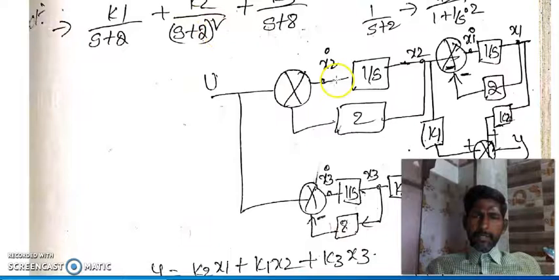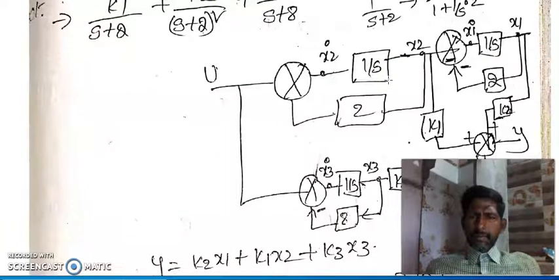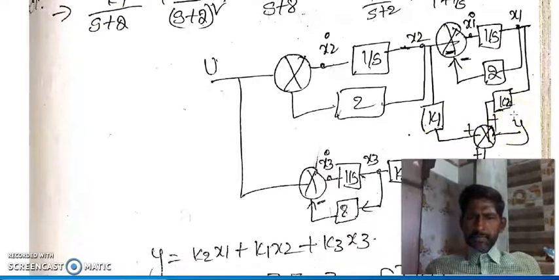Because of whole square, we can represent it as x2, integration of x2 dot equal to x2 and integration of x1 dot equal to x1, integration of x3 dot equal to x3. Here we are going to take the system gain k1 and here we are going to take the system gain k2.